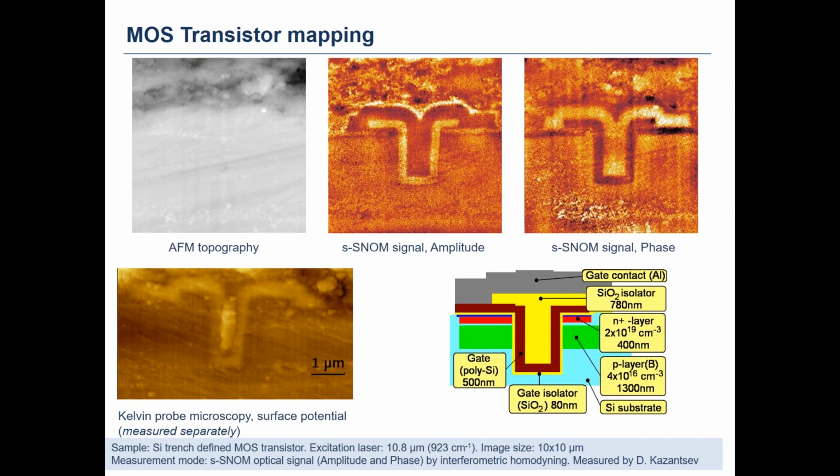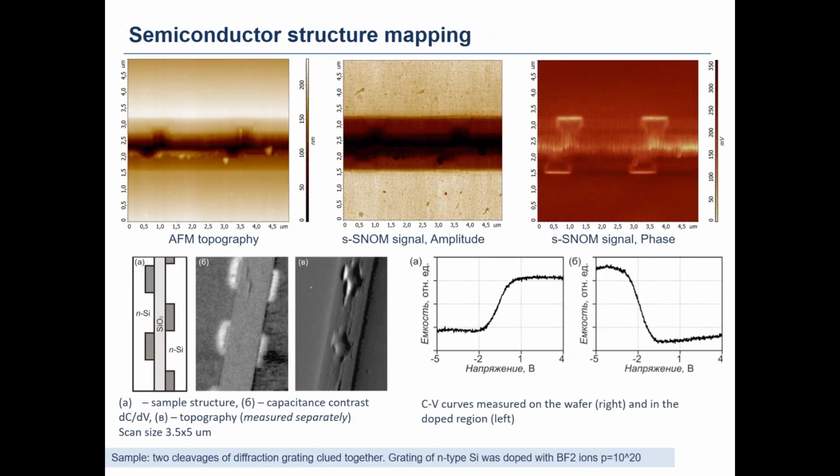Well, these are the examples of scattering SNOM that we measured in one-pass mode using the special technique that we have developed, by keeping the special feedback to keep the optical phase of the scattered light constant.